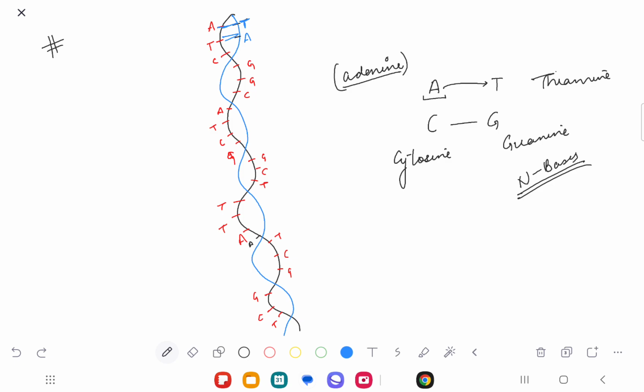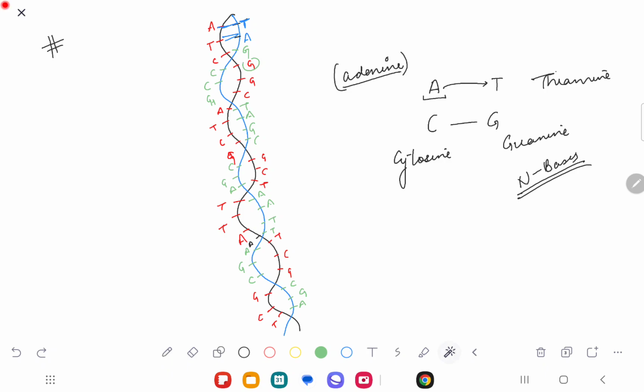So C and G: right in front of C would be G, right in front of G would be C, right in front of A would be T. A, C, G, G, C, C, G, A, A, A, T, T, A, G, C, C, G, A.